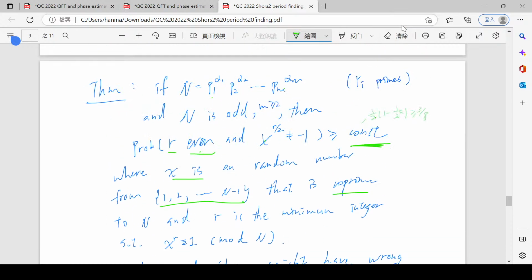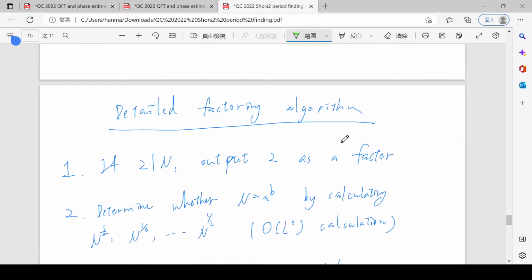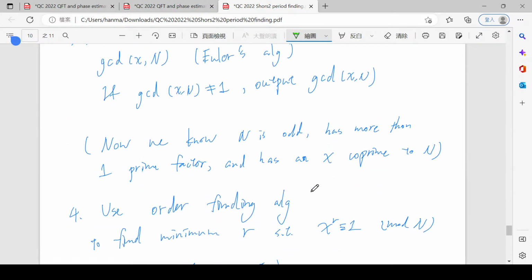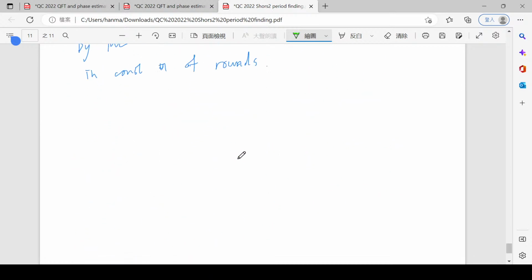We're a little over time. So any questions? Otherwise, next class, first we'll finish the detailed factoring algorithm, but it's basically just the things we have been talking about in a detailed form.